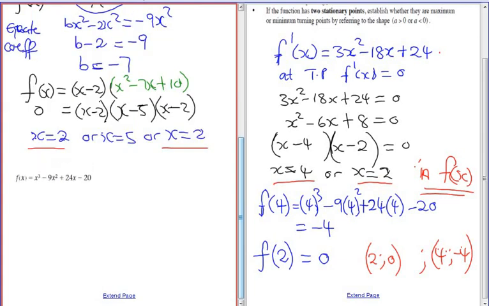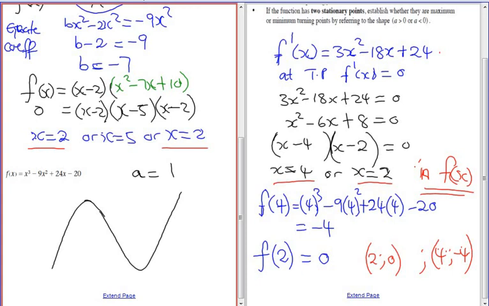The reason I wanted this function with us is because I wanted you to pick up the value of a. Firstly, at this point, notice your a is equal to 1. So if your a is equal to 1, it means we are expecting the graph to go up first, and this is the shape we're expecting.